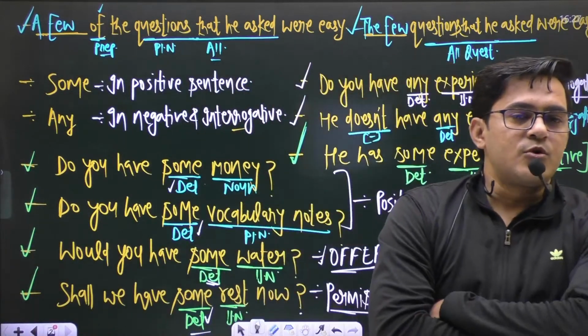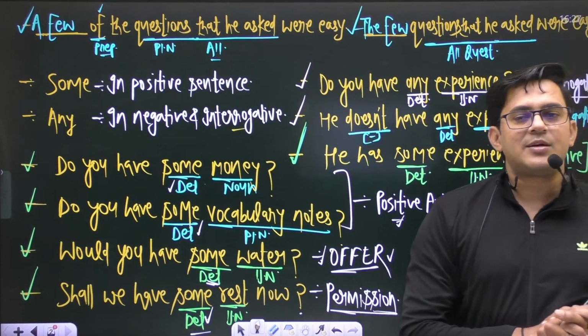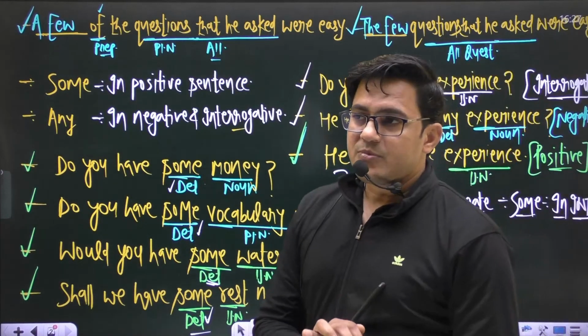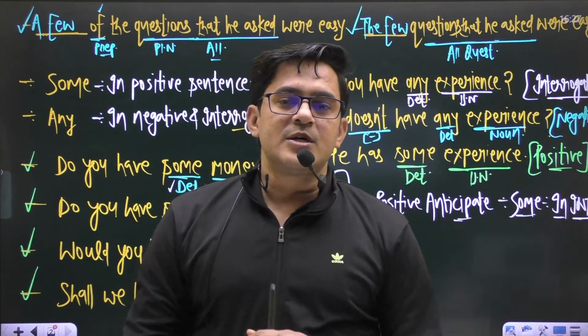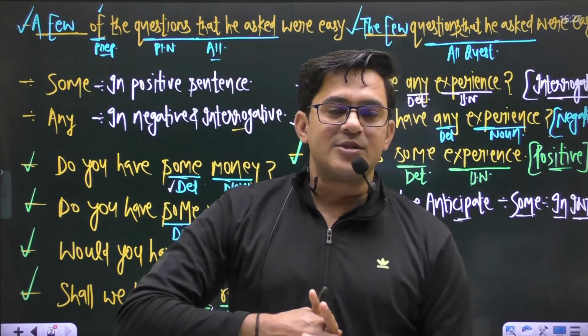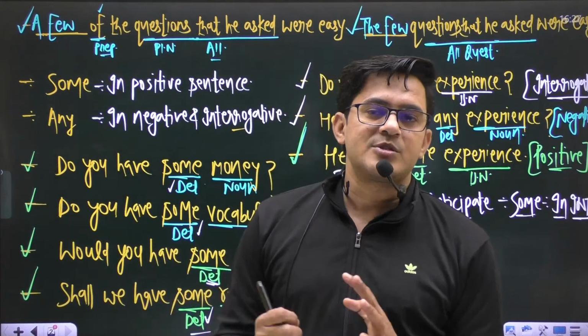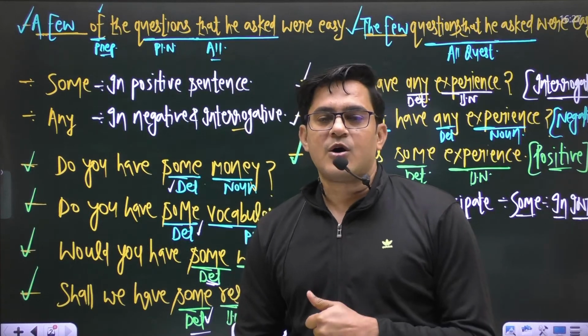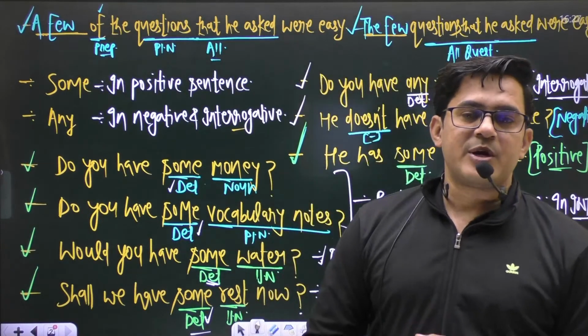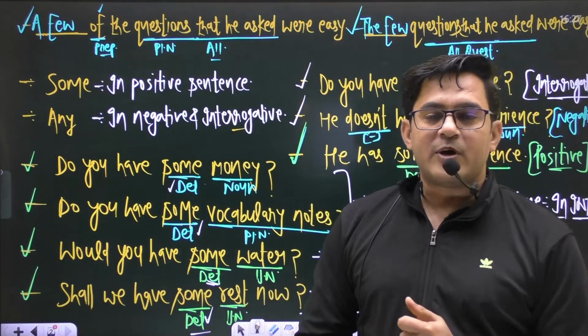Nitesh is asking how to solve sentence improvement questions. Sentence improvement, dear, whenever you want to learn it, you must be familiar with the concepts of different chapters like tense, noun, pronoun, adjective, verb, adverb, preposition, conjunction, and finite verbs, non-finite verbs.